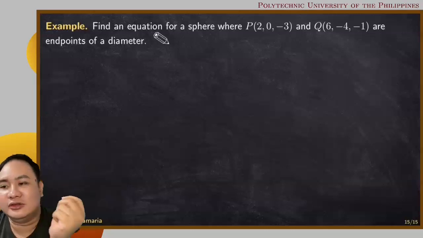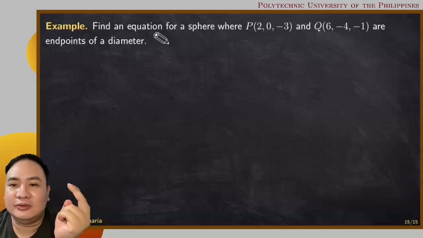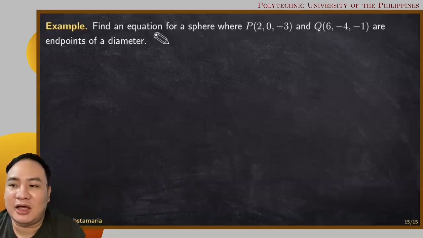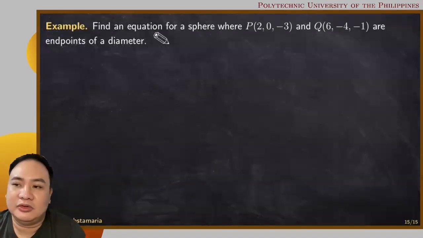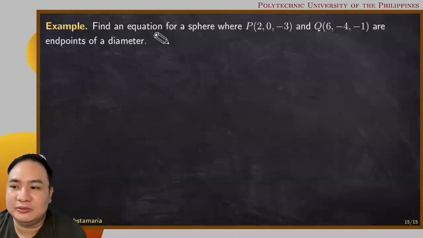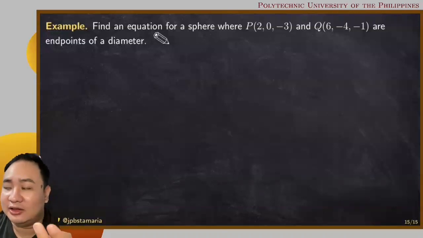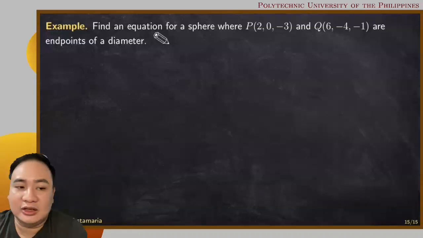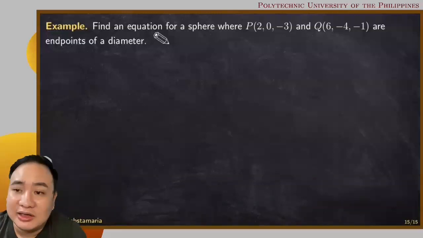There are two ways, no? Either you take the distance of the center from either P or Q. Or another method, you can get the distance of P and Q. Tapos, divide mo sa 2 because the radius is always 1/2 the diameter. So any of the methods will work. Wala naman akong prescribe na particular solution.